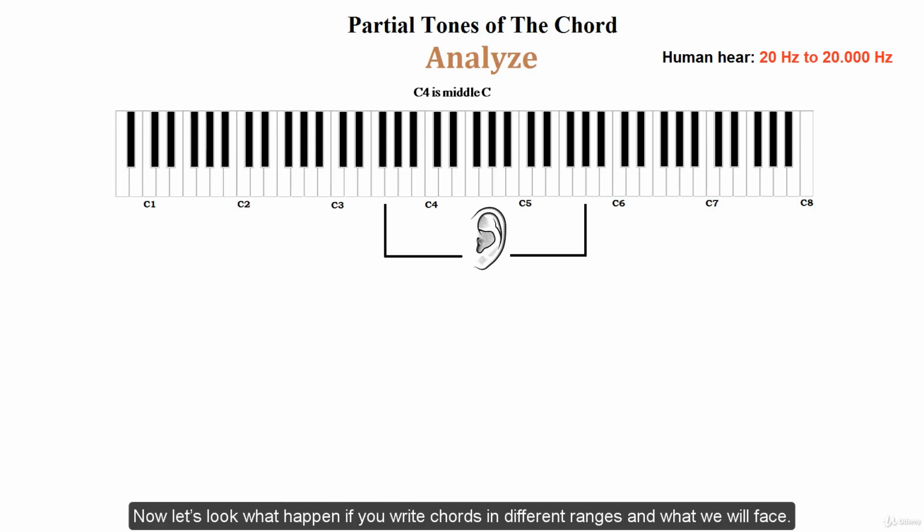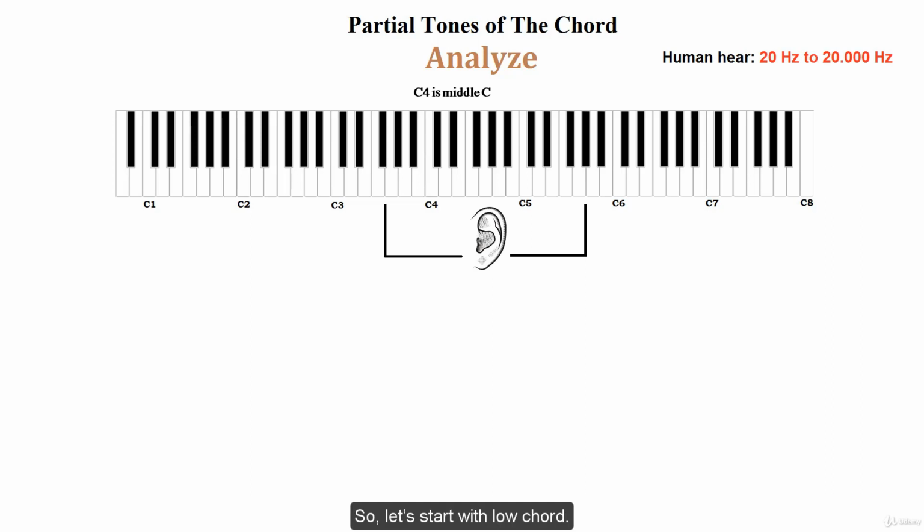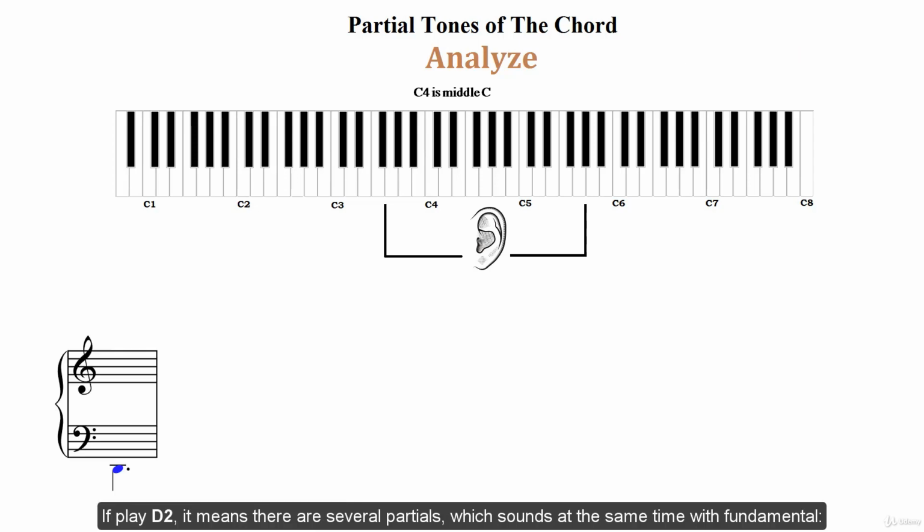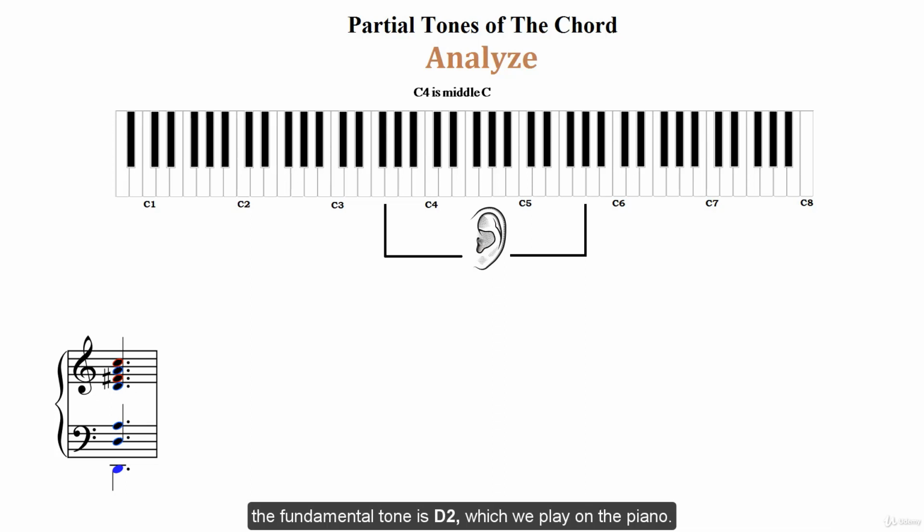Now let's look at what happens if you write chords in different ranges and what we will face. So let's start with the low chord. If we play D2, there are several partials which sound at the same time as the fundamental. The fundamental tone is D2, which we play on the piano. The fundamental tone is also called the first partial.